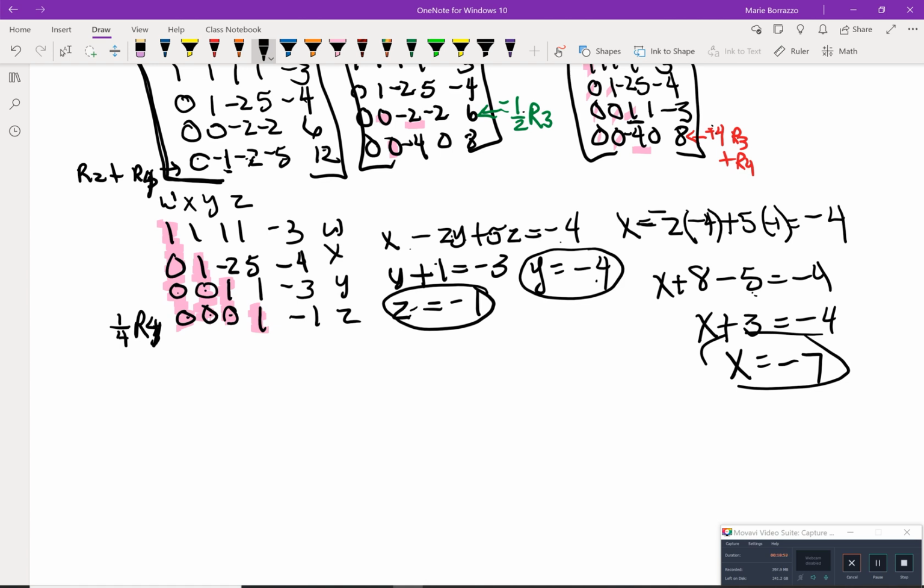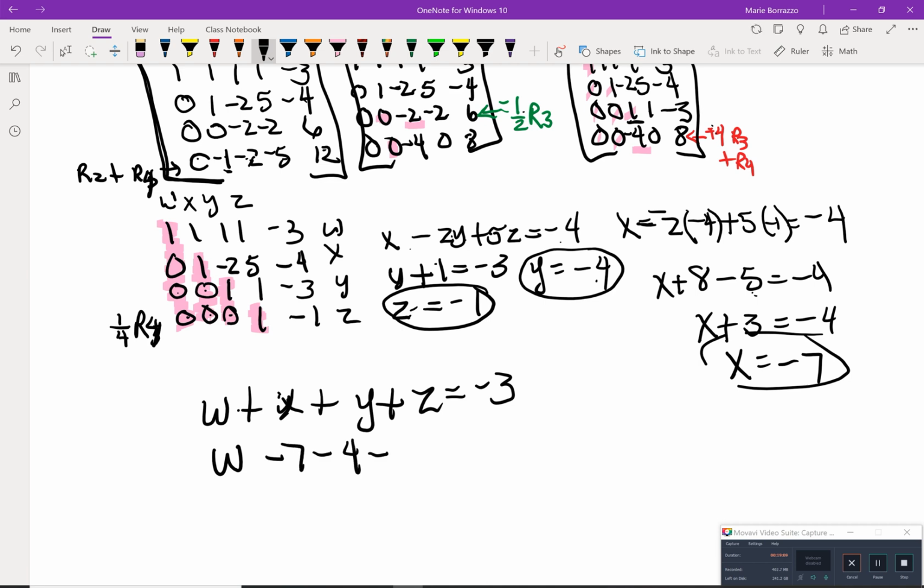Now in this top equation, we have W plus X plus Y plus Z equals negative 3, which gives you W minus 7 minus 4 minus 1 is equal to negative 3. So that means that this is W minus 12 equals negative 3.